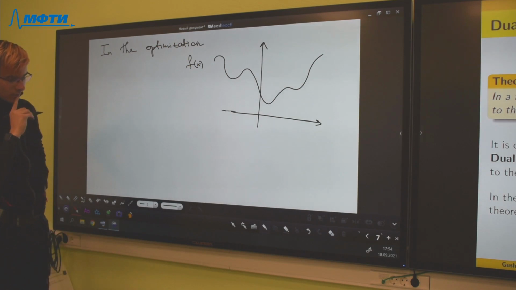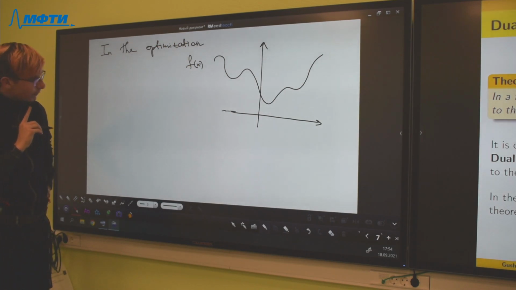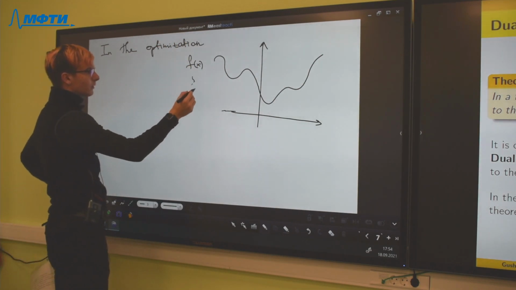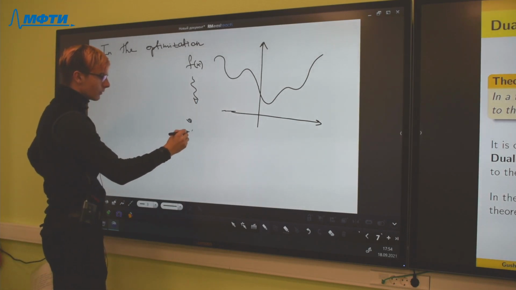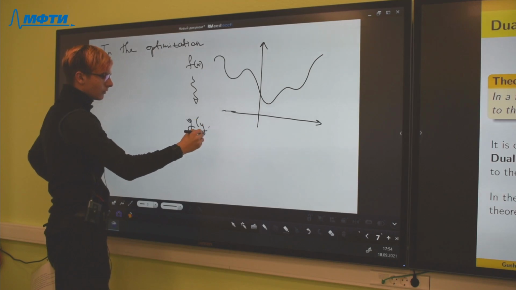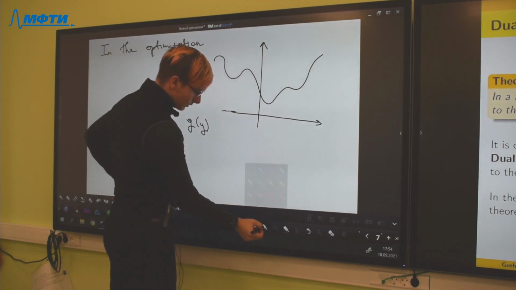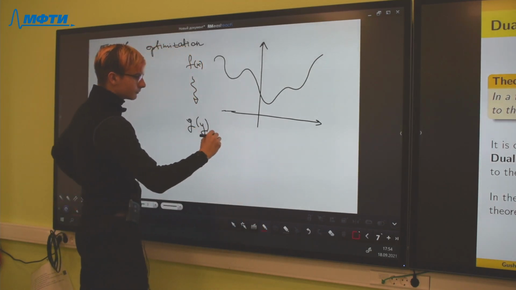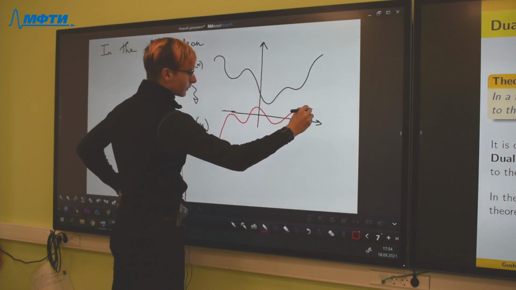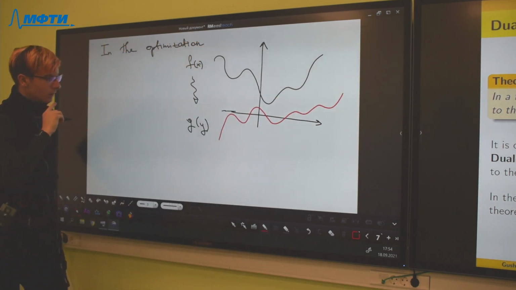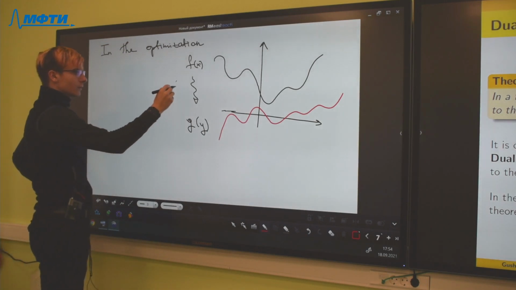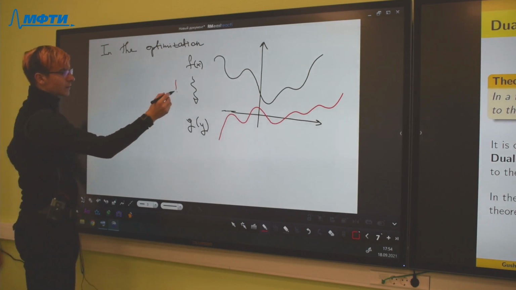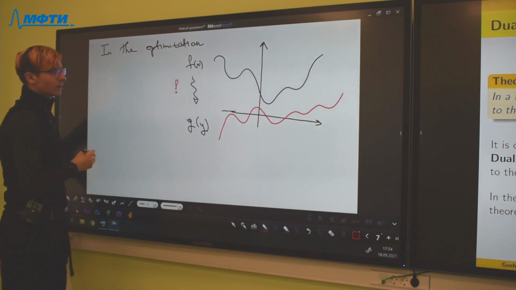And there is a method to get quick lower bounds of this function named duality, and it is a very important transformation that we can get.